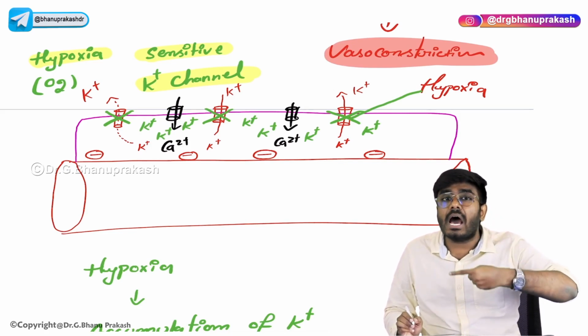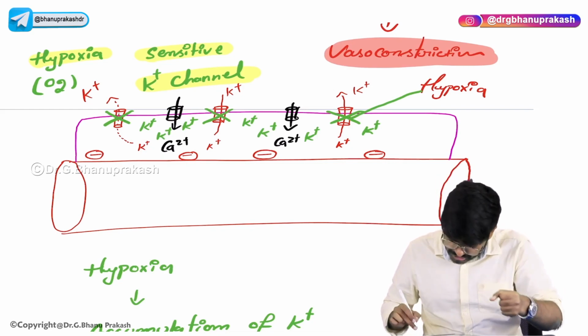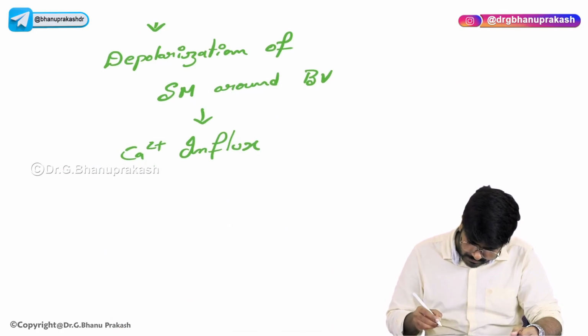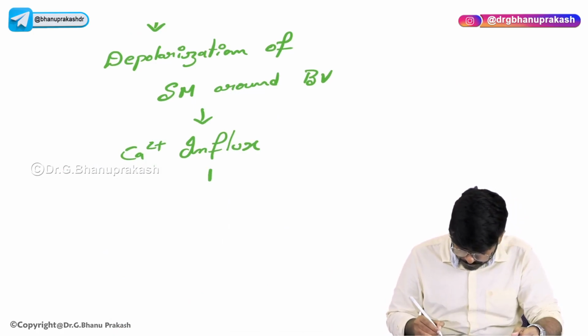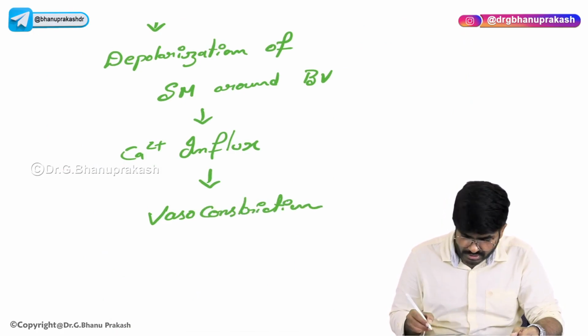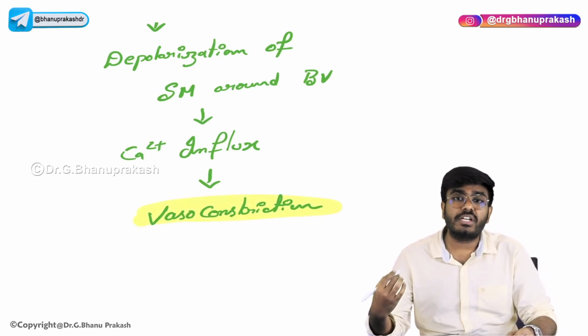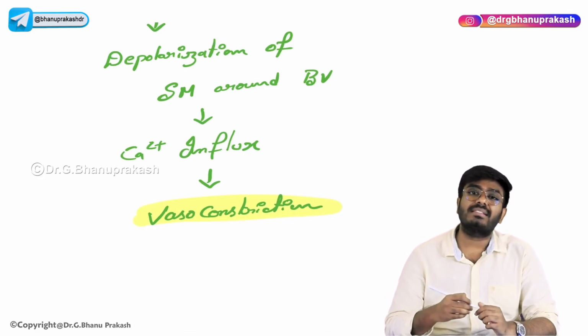When the smooth muscles around a blood vessel are contracted, that will cause vasoconstriction. So because of the calcium influx, there is vasoconstriction. This is how, during hypoxia, there will be constriction of the pulmonary vasculature.